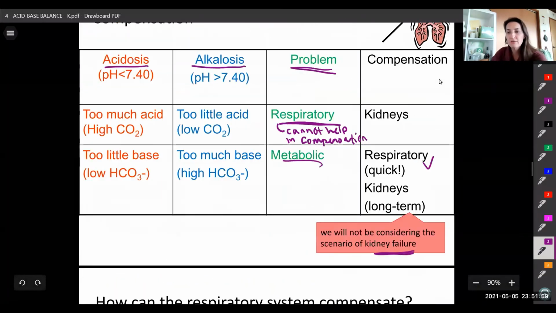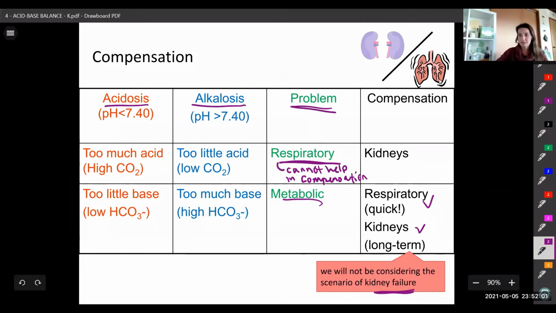And I should point out that for the renal compensation, this is more of a chronic response. We think of this as long-term changes that would occur, especially with cells in the PCT and the alpha intercalated cells, being able to change the levels of bicarbonate that is being reabsorbed or produced and hydrogen ions that are being secreted.